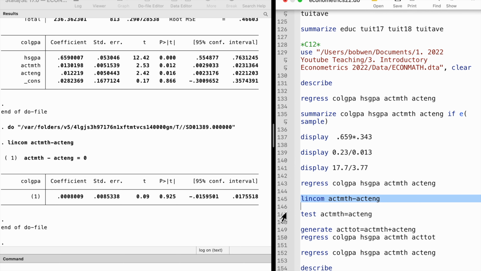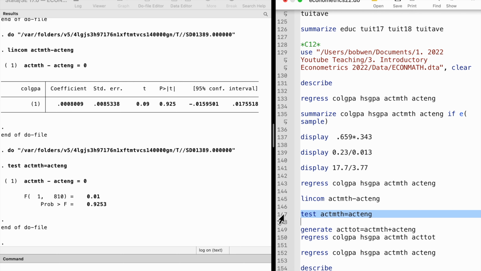It means we could not reject the null hypothesis at any reasonable significance level that ACT Math and English scores have the same effect on college GPA. We can also use the command test to do an F-test. We obtain the exact p-value.